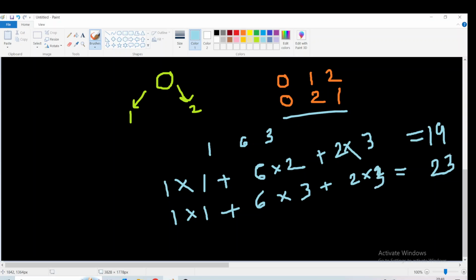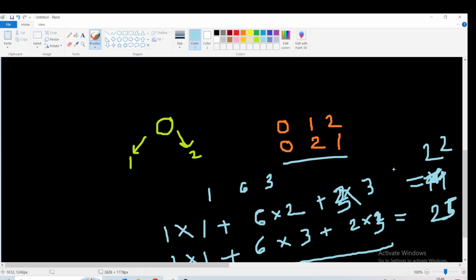Oh, wait, I missed something. So it will be 25, not 23. This will be 3 into 3, so 9 plus 12 is 21, plus 1 is 22. So the scores are 22 and 25, and the optimal is the second one, 0, 2, 1. I hope you get it. So that's why our answer is 25.